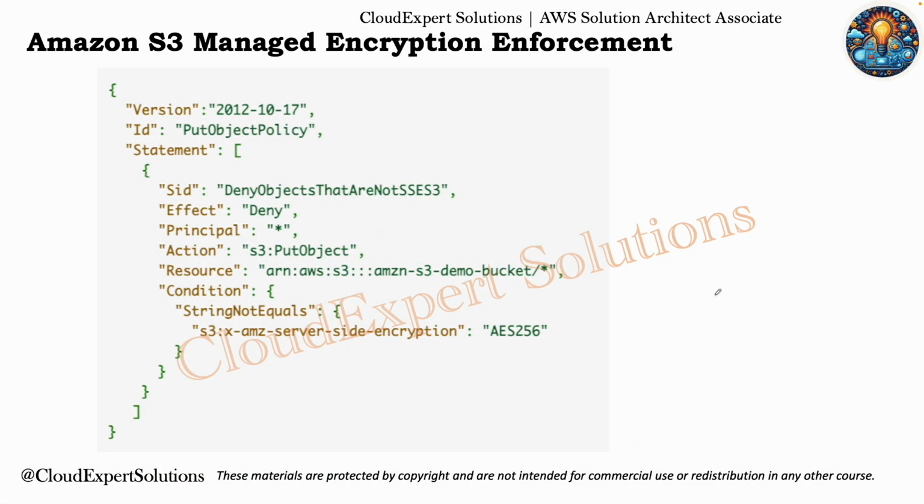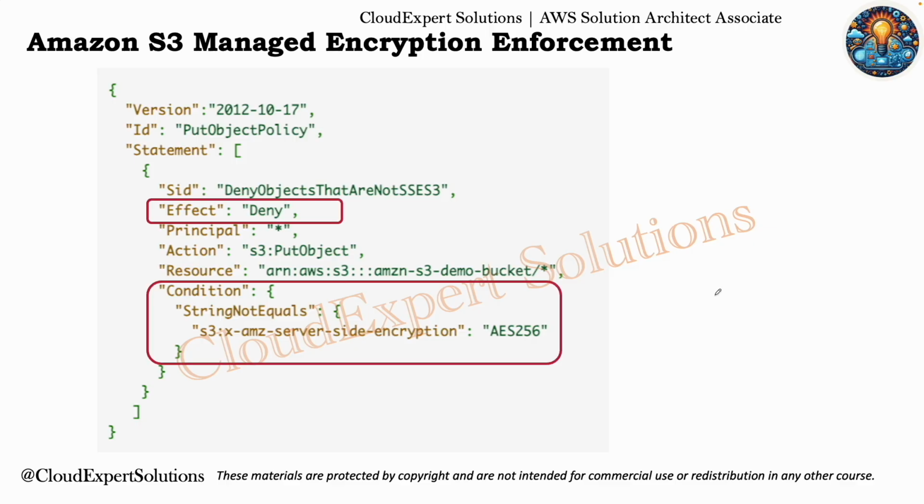And if you require that the data you are uploading to Amazon S3 must be encrypted using an Amazon S3 managed key, then you can use this bucket policy. Using this bucket policy, it will deny permission to upload an object if that request does not have a header of x-amz-server-side-encryption: AES256.